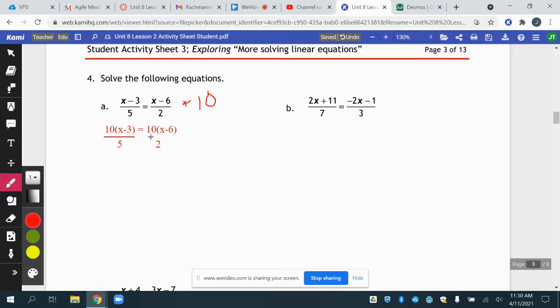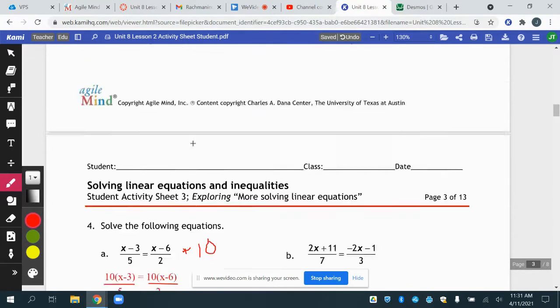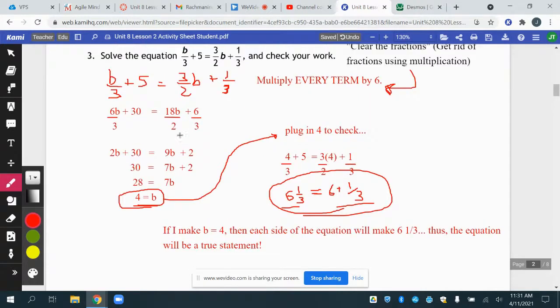No fractions, and we've got an equation. Now here's the cool thing. Since this is being multiplied by this, I don't have to divide each of these by 5. I only have to do that when there's addition or subtraction involved. Since these two things are being multiplied, they're like one number. So I don't have to divide the x minus 3 by 5 as long as I divide the 10 by 5. Remember, the terms are separated by pluses and minuses.